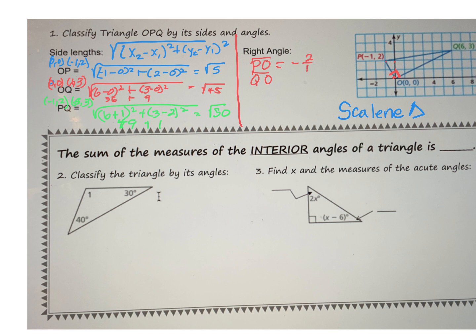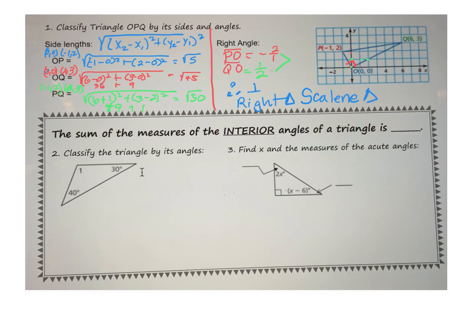Then let's find the slope from P to Q. P to Q is up 1 over 2. What's the relationship with the two? If it's the opposite reciprocal, then I can say, therefore, it's perpendicular. So it is also a right triangle.